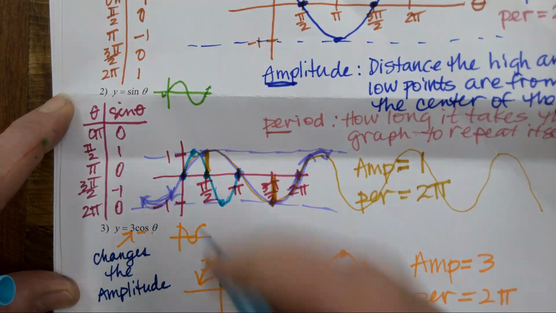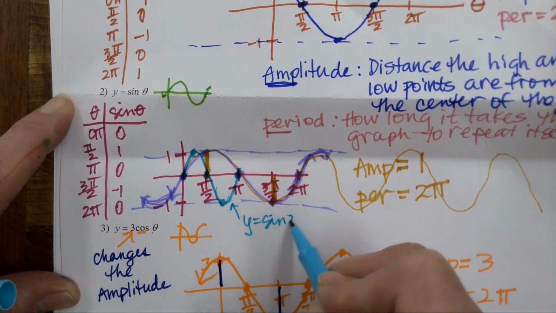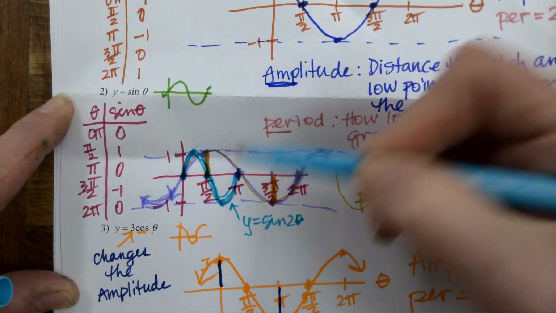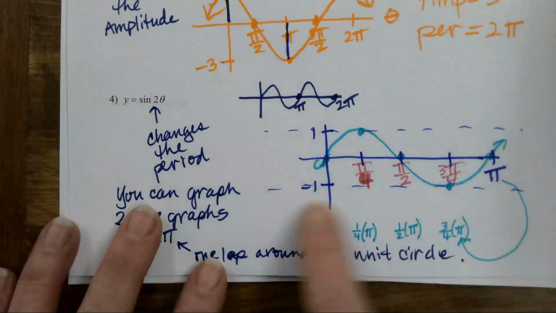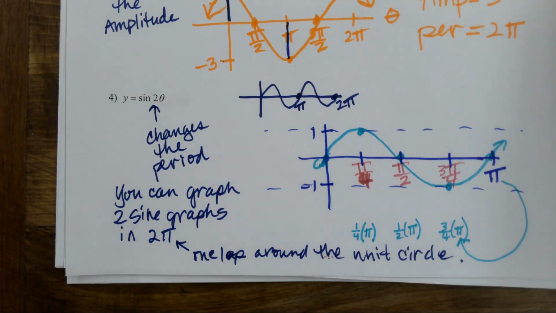Yeah. This is y equals sine 2 theta. And that's what that piece of the graph will look like, so it'll be half. But we're not graphing them together, we're graphing just one. And so you can just label the things accordingly, and as long as your numbers are right, you're in good shape. Good? Okay.